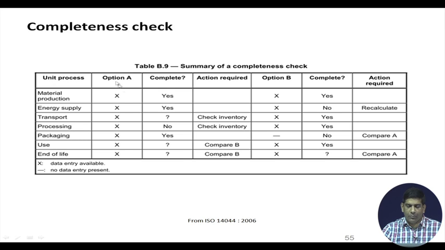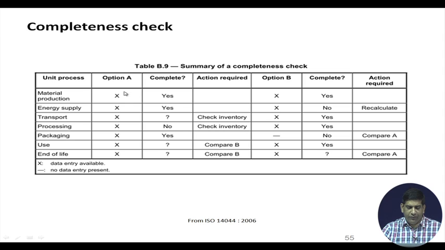Now you are comparing option A versus option B. For option A, X means the data entry is available, dash means no data entry was present, and of course a question mark means you are not sure whether the data is complete or not.